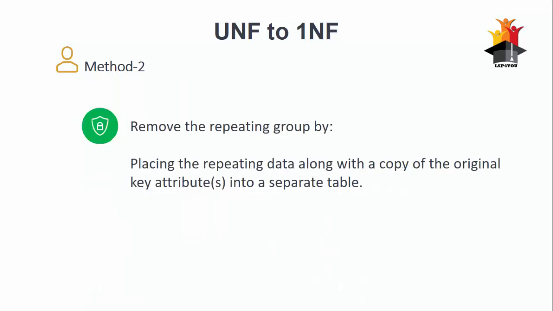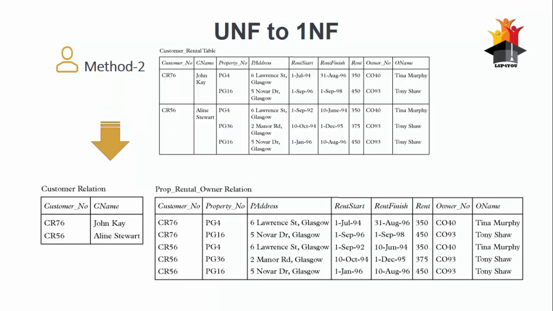In the second method, remove the repeating group by placing the repeating data along with a copy of the original key attribute or attributes into a separate table. So this is the repeating group. You can remove the repeating group and place it into a separate table along with a copy of the key attribute. Key attribute is the customer number.